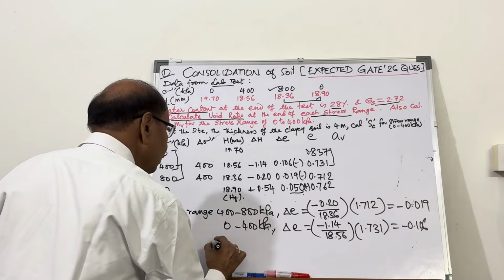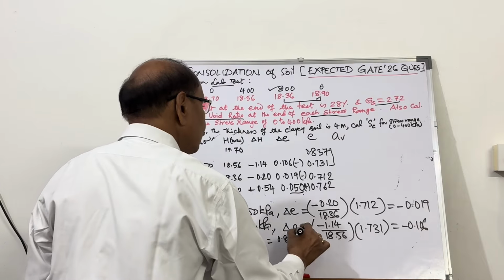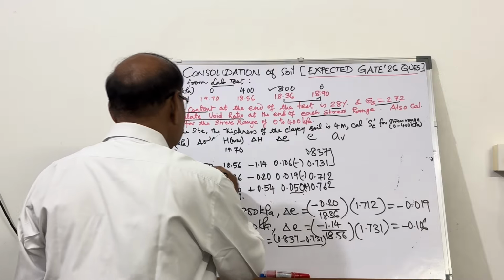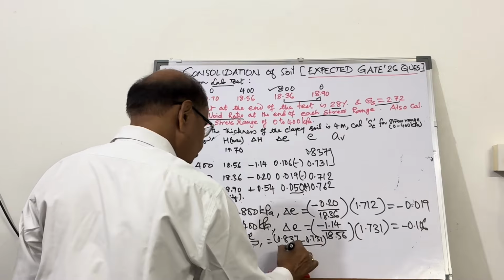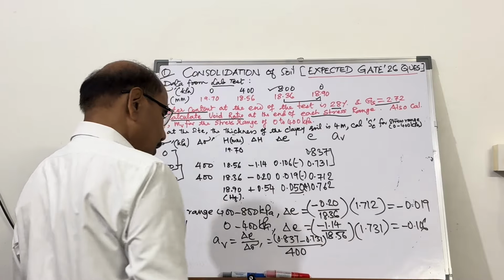So delta E is going to be difference of these two, that is 0.837 minus 0.731, that is 0.106, divided by, it is from 0 to 400, so divided by 400 kilopascal delta sigma prime. So it becomes quite simple.